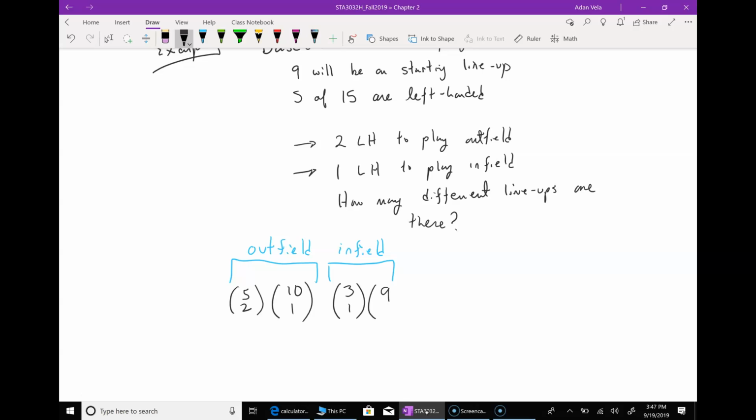I told you before, normally infield has 6, outfield has 3. We've assigned one of those positions to a left-handed player, and so what we have left are 5 positions for right-handed players.